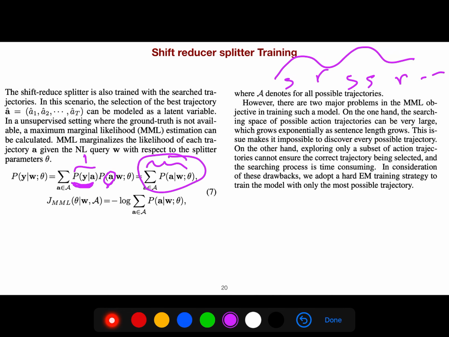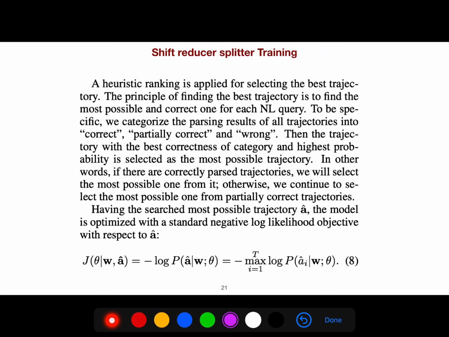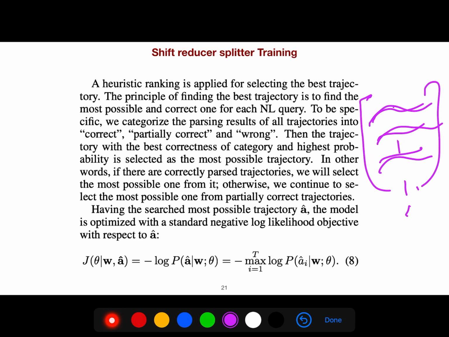But how do you use this? So we use this heuristic ranking, that says, okay, we just need some classification saying, for example, this is correct, this is partially correct, a fuzzy classification.